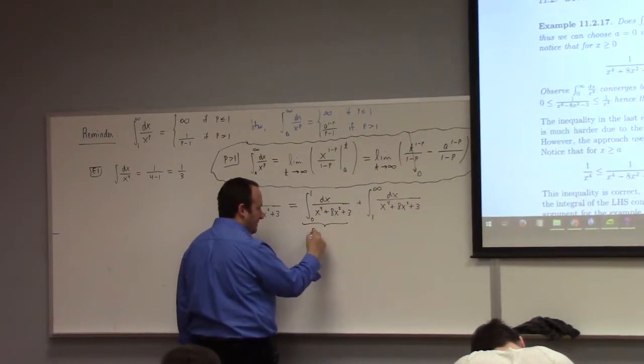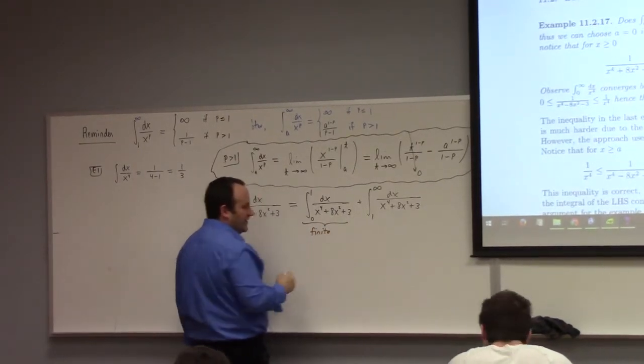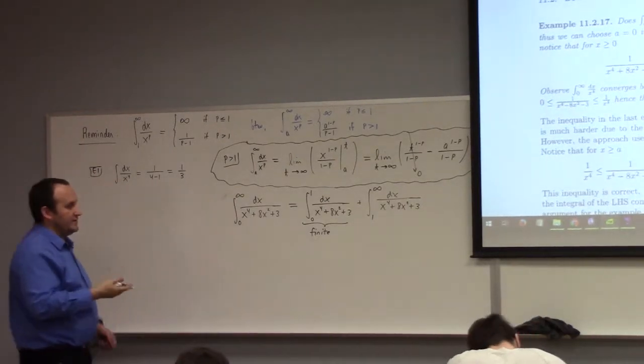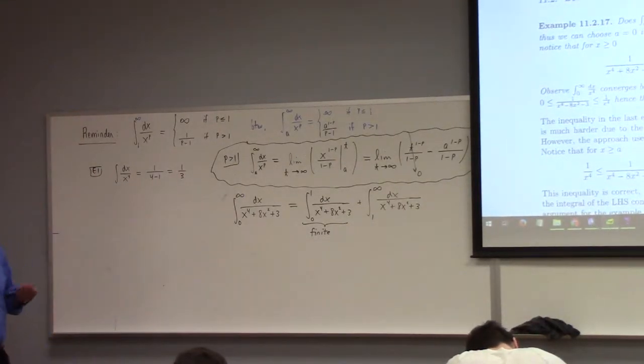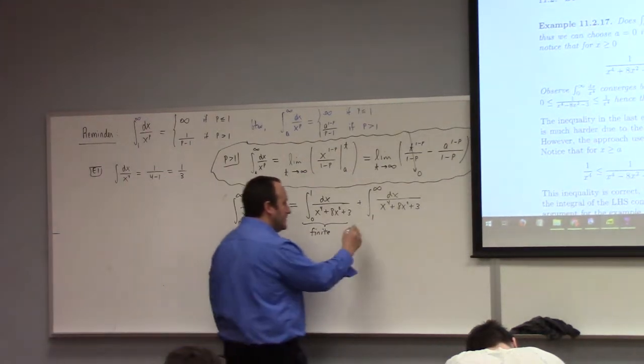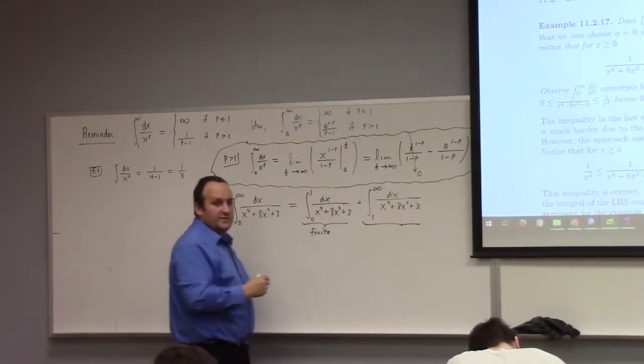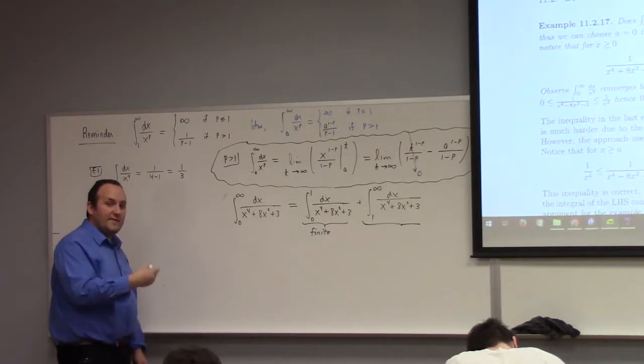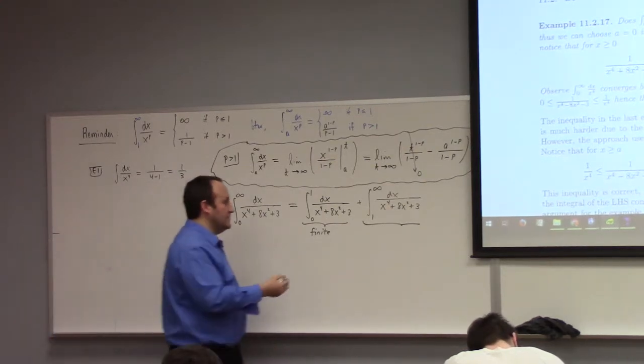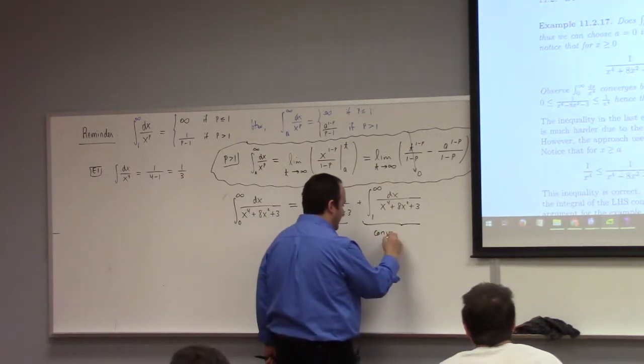This is finite because we're integrating a function which is not 0 in the denominator from 0 to 1. This is a continuous function integrated over a closed, finite interval. That is just a real number. The other thing here, we can argue that that converges by comparison to what?